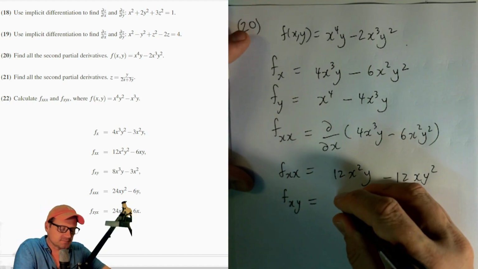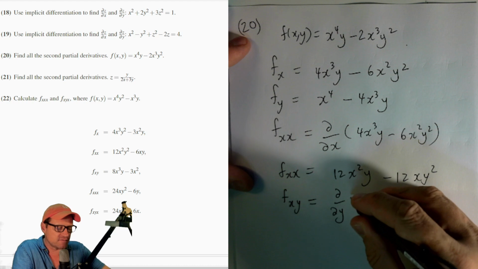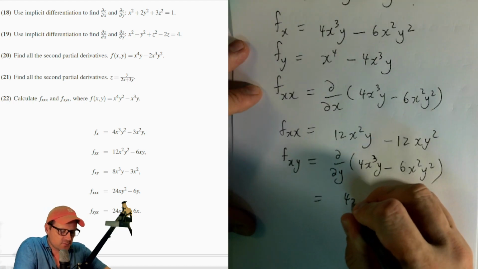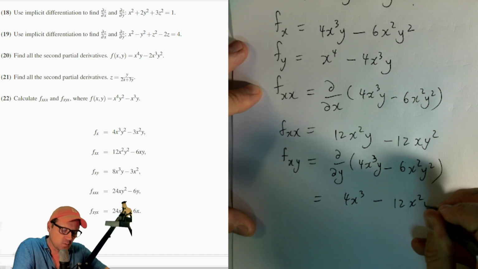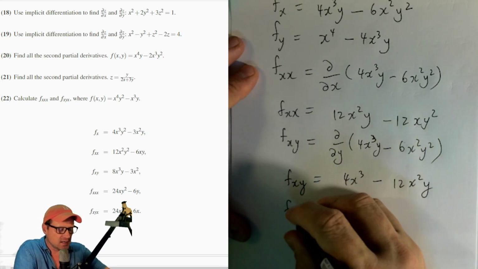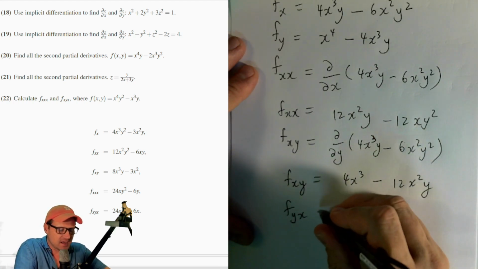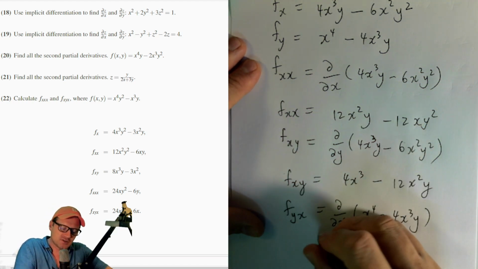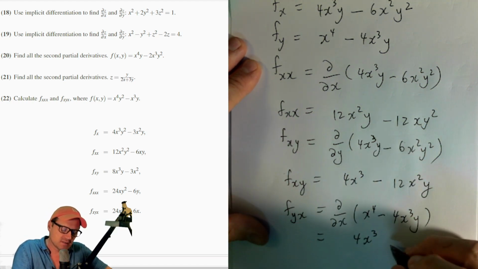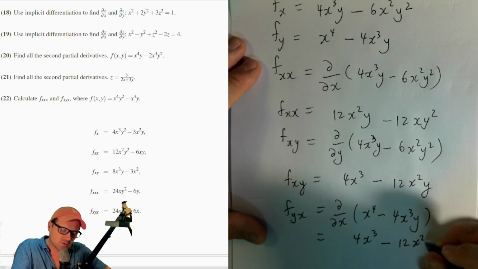f subscript xy is the derivative with respect to y of f subscript x. So this gives 4x cubed minus 12x squared y. Now differentiating f subscript y with respect to x should get the same thing as this by Clairaut's theorem. Let's just check. 4x cubed minus 12x squared y.